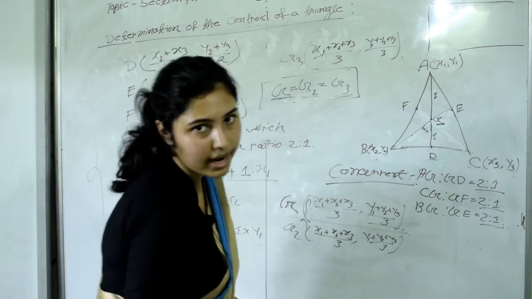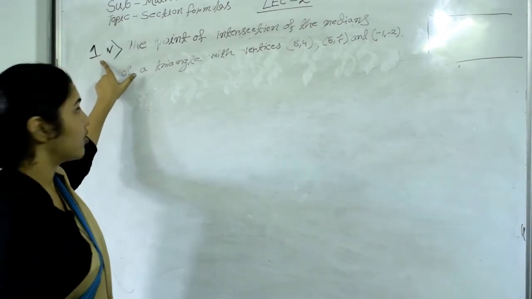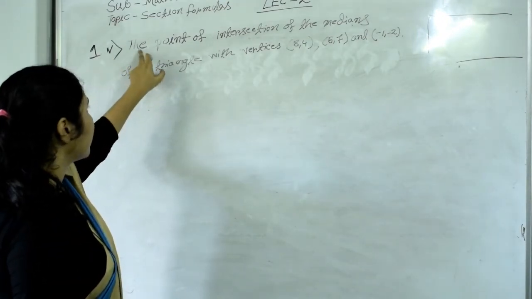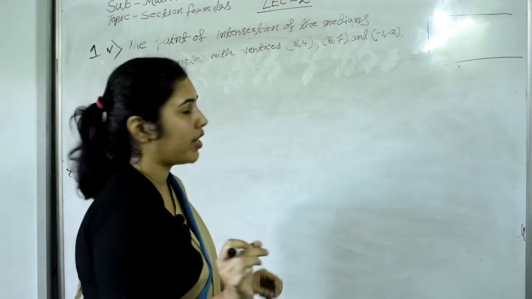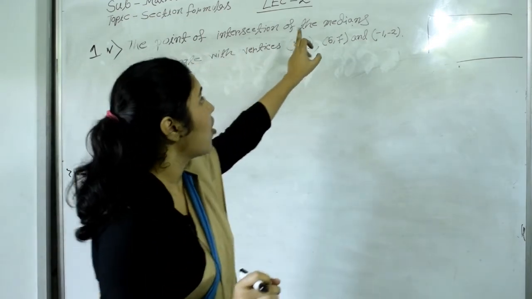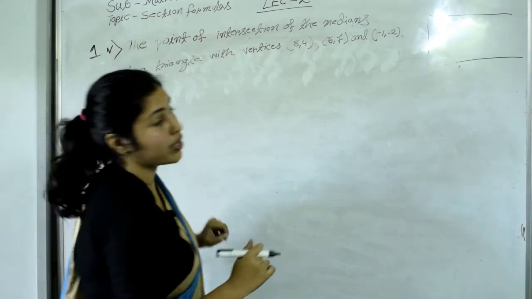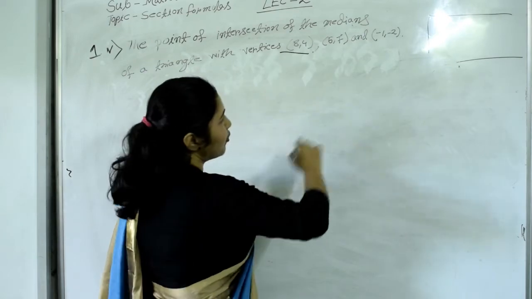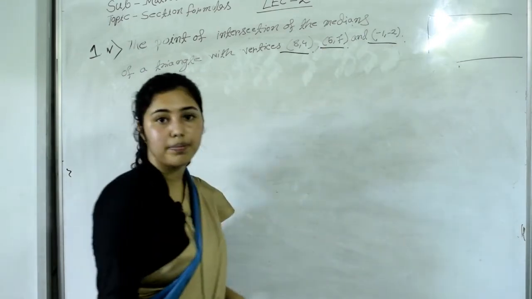Now consider an example. So now consider question number 15. Here we have to find the point of intersection of the medians of a triangle with vertices 8, 4, 5, 7 and -1, -2.